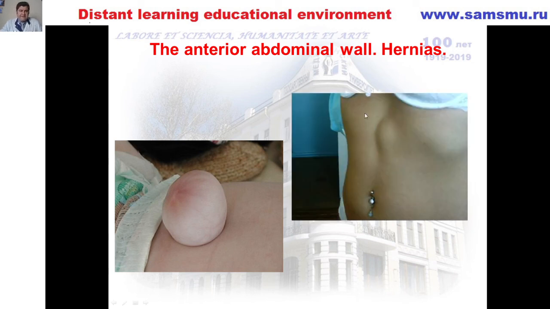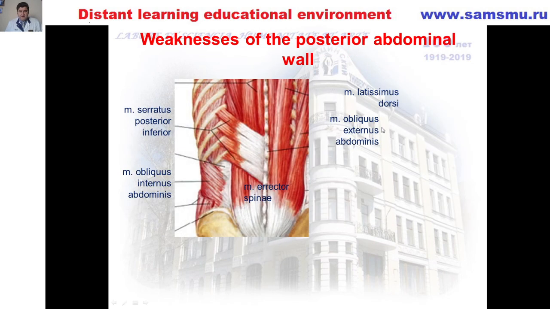And also you may see the hernia of the linea alba. The linea alba is a weakness of the anterior abdominal wall, and also you may see the hernias protrude through this linea alba.